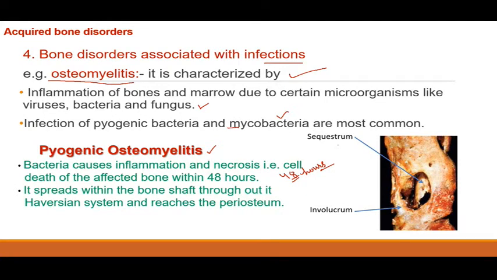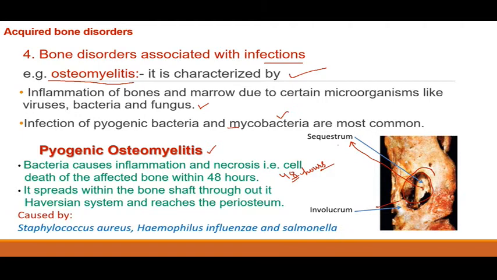This causes subperiosteal abscesses, while a dead piece of bone is called sequestrum. As far as cause is concerned, about 80 to 90% of cases of pyogenic osteomyelitis are caused by infection of Staphylococcus aureus. In some cases, it is associated with infections of Haemophilus influenzae and Salmonella.